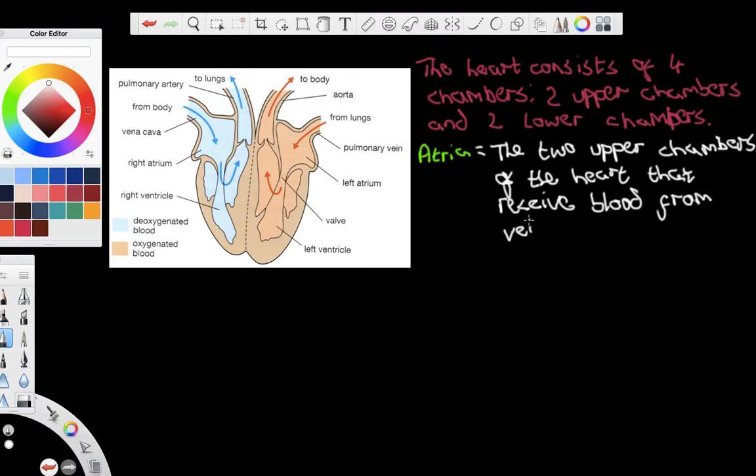So when veins bring blood back to the heart, the blood enters the heart through these atria. The left and the right atria fill at the same time.